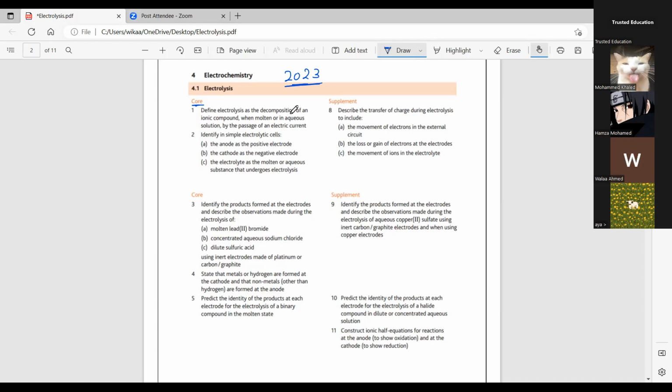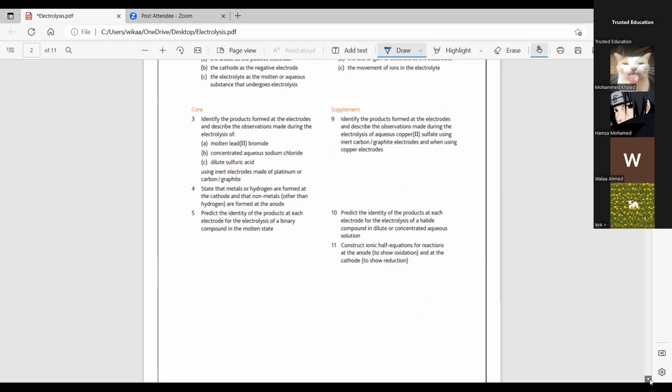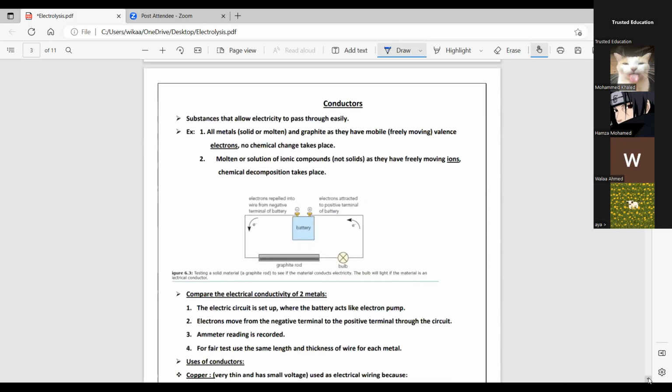For the part that we're going to take today, these are the objectives. بس part of electrolysis.